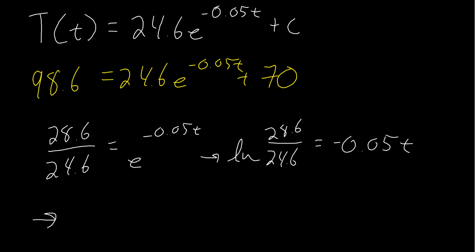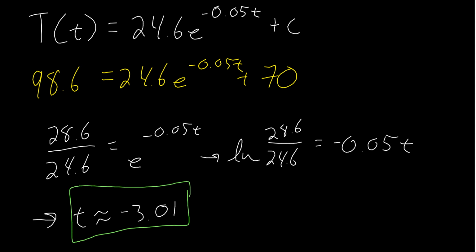So t is approximately the natural log of 28.6 divided by 24.6, divided by negative 0.05. So it's going to be negative 3.01.